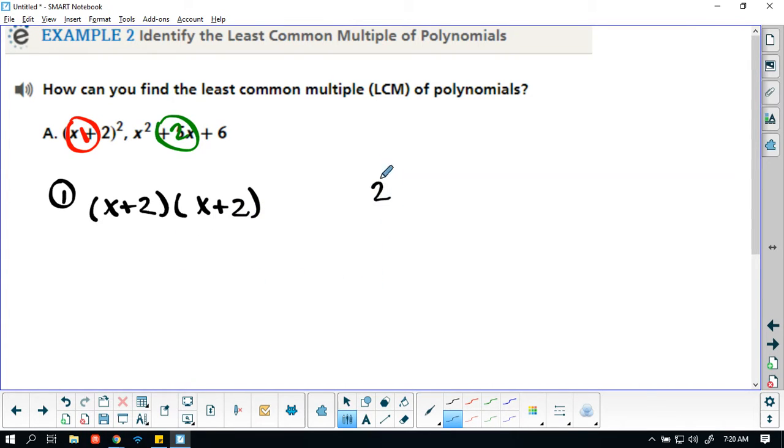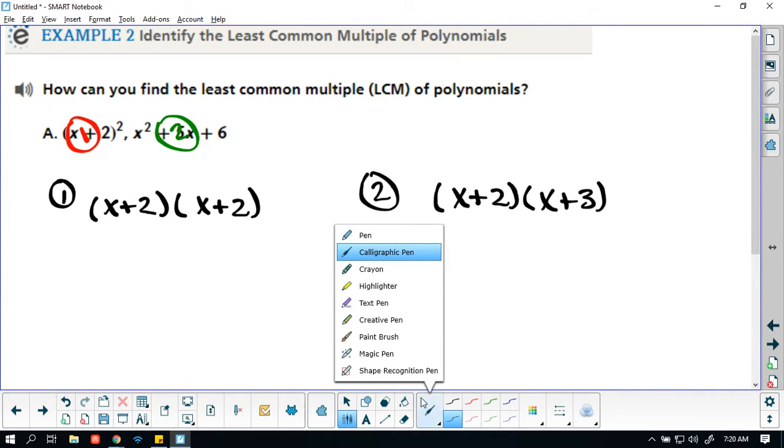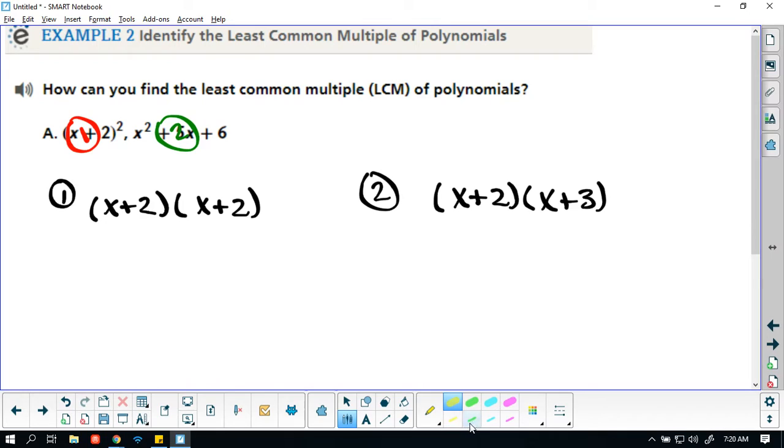And in case 2, we have x plus 2, x plus 3. Now I'm going to highlight the same factors. So this factor and this factor are the same, and this factor is the same. So we have the same common factor of x plus 2.